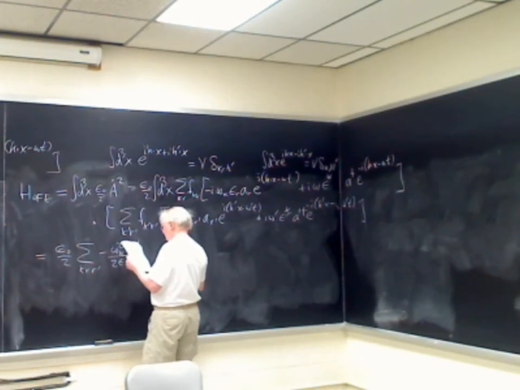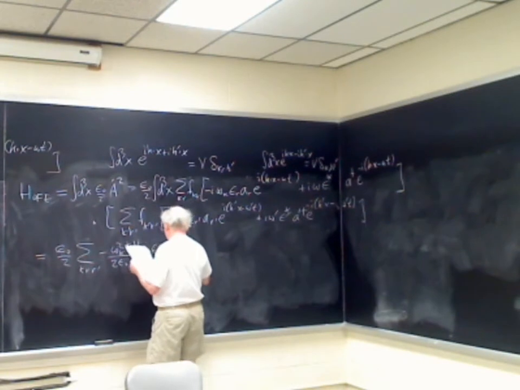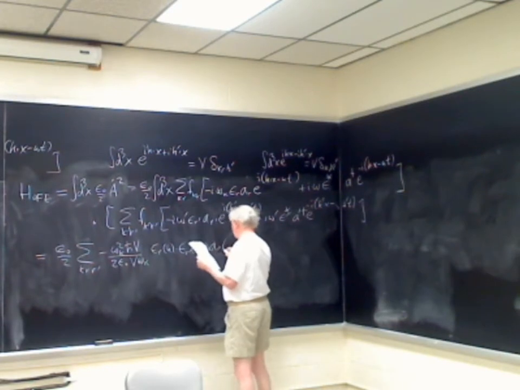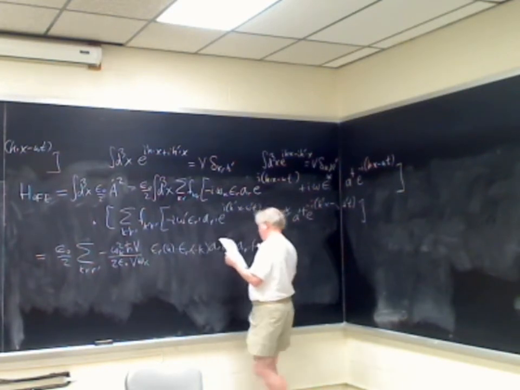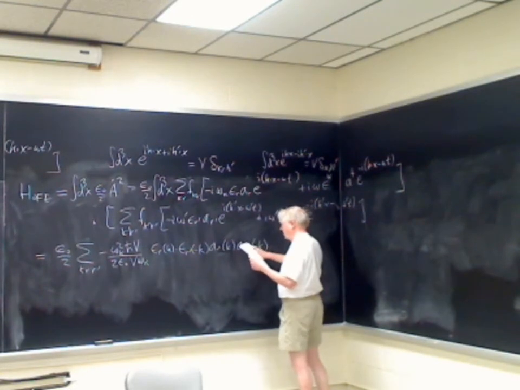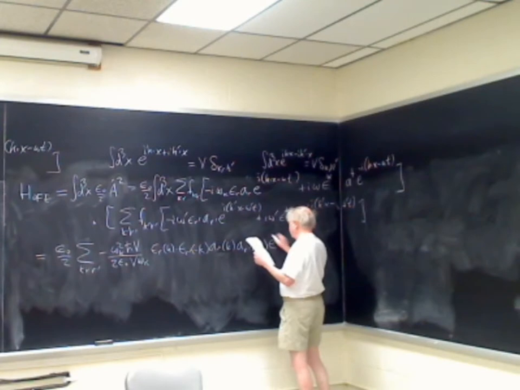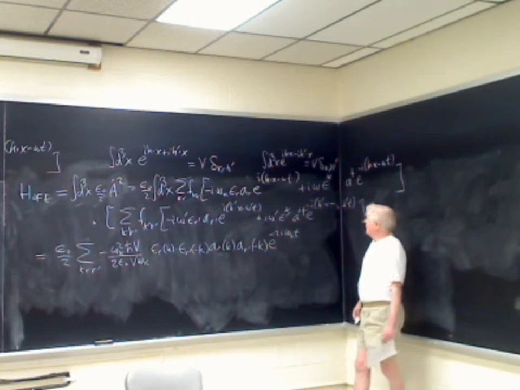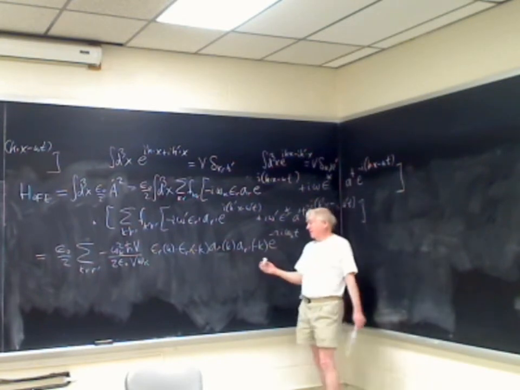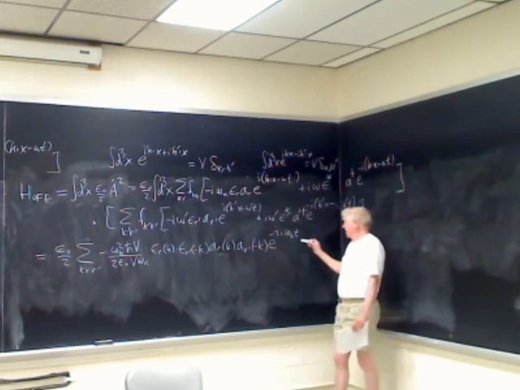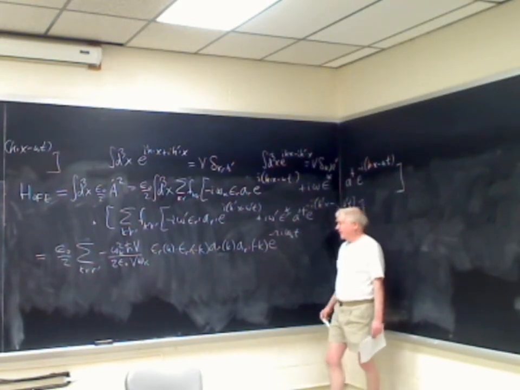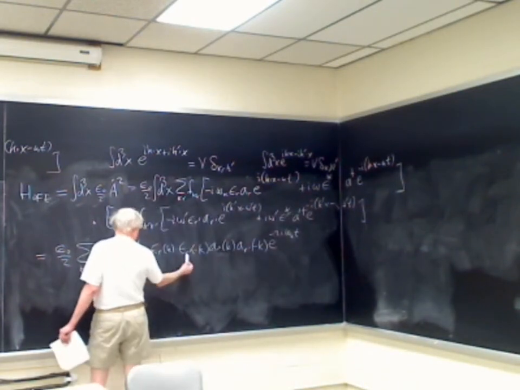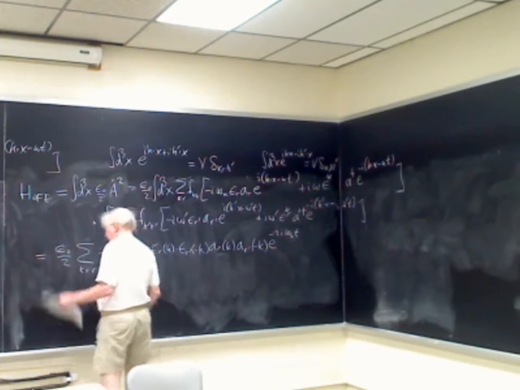And this is then ε_r(k) dot ε_r'(−k), a_r(k), a_r'(−k), e^{−2iω_k t}. Omega depends just on k squared, so whether the k' is k or minus k, you get the same omega. Okay, so this involves a dot product of ε_r(k) with ε_r'(−k).